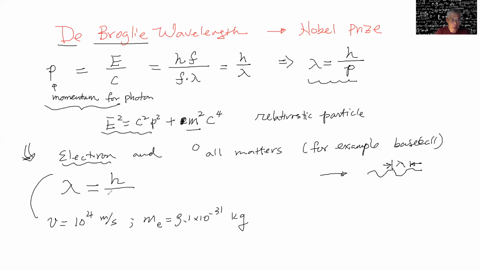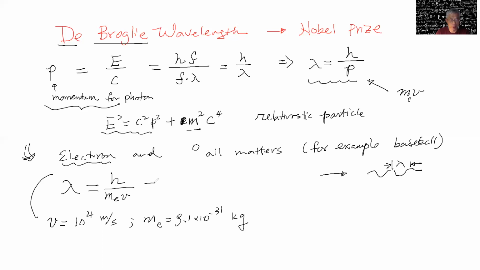So we put in p using momentum, which is m_e v, and the v here is 10 to the 4.